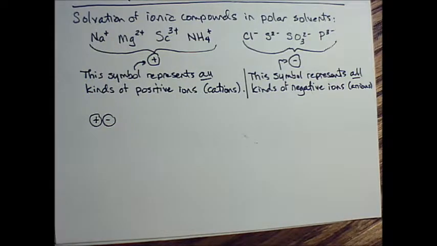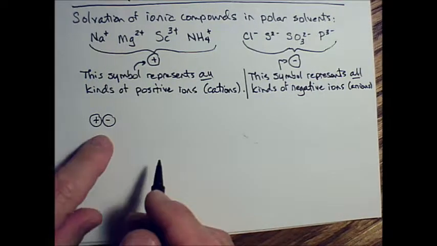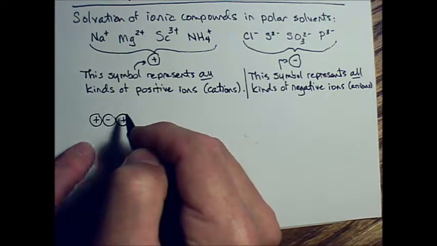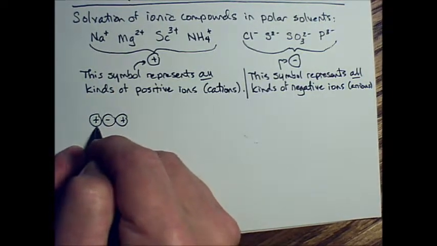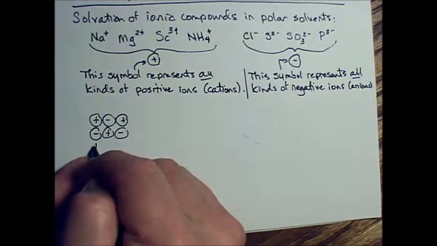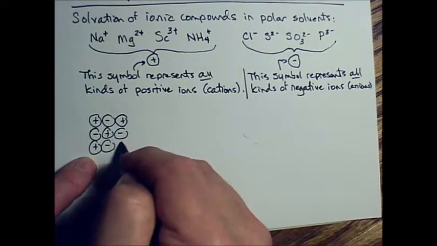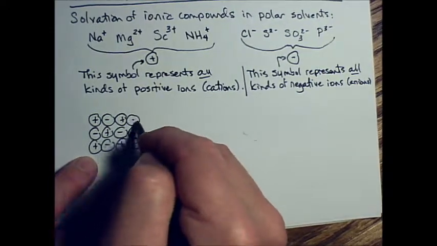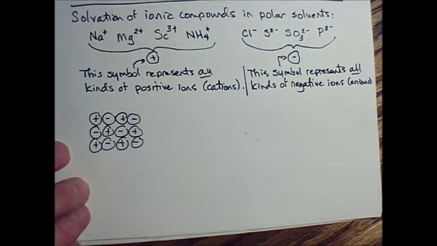Okay? This negative particle is still attracted to more positive particles. And this positive particle is attracted to more negative particles. And this process continues. And this is how crystals grow, if you will.